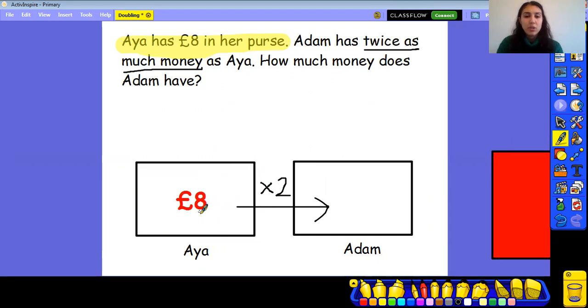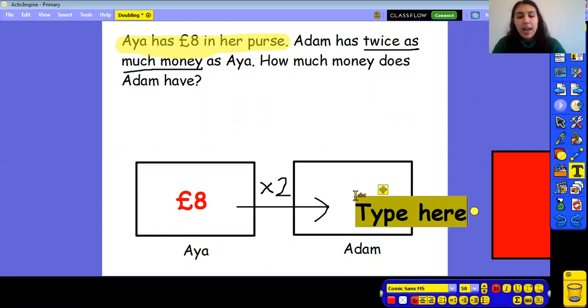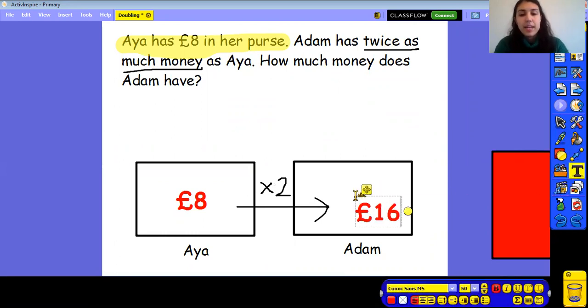So that means we need to do 8 times 2. Now I don't know how to count in my 8s just yet, so I'm going to do 8 times 2 and count in my 2s. 2, 4, 6, 8, 10, 12, 14, 16. So that means that Adam has got £16.